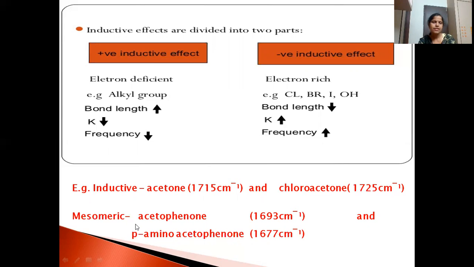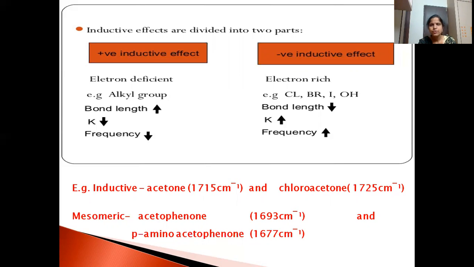Then we also have another effect, the mesomeric effect, where we take the example of acetophenone and para-amino acetophenone. Acetophenone is CH3, CO, and a benzene ring attached to it. Acetophenone shows the C=O frequency at 1693 cm⁻¹, whereas para-amino acetophenone shows 1677. What is the reason here?